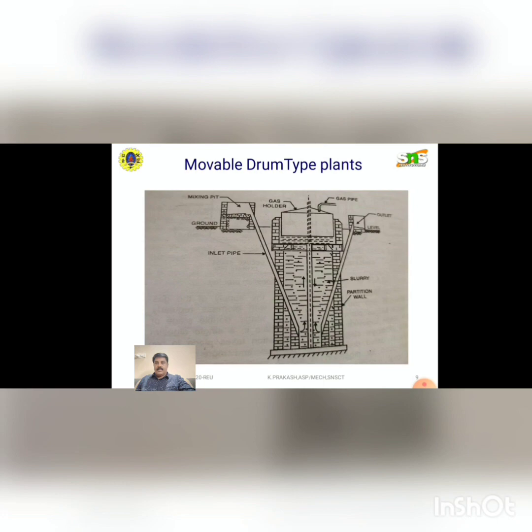The main advantages of movable drum type plants: the gas pressure is constant, there is no problem of gas leakage, the production of gas is also higher, the scum problem is less, and the pressure is naturally equalized.